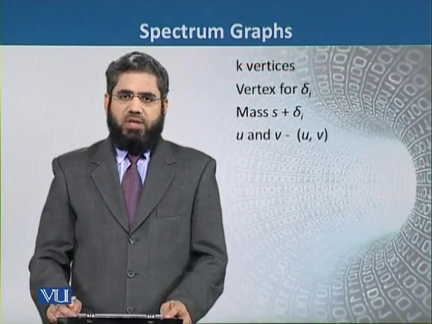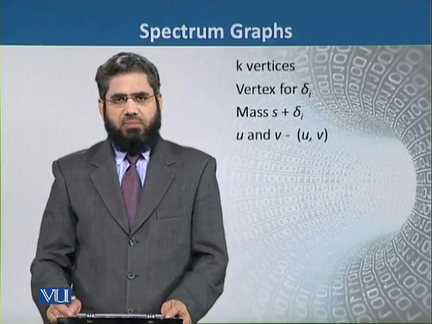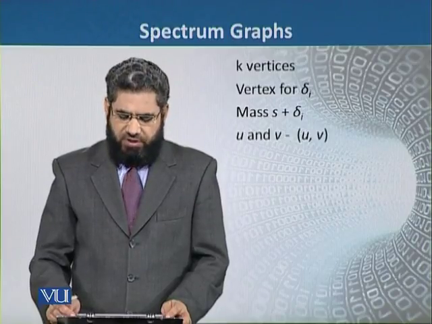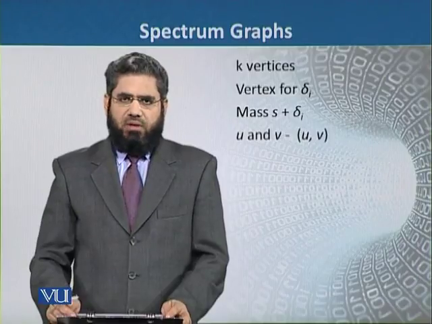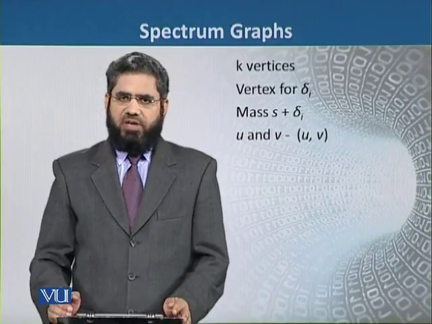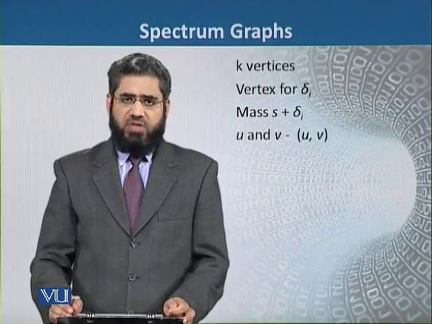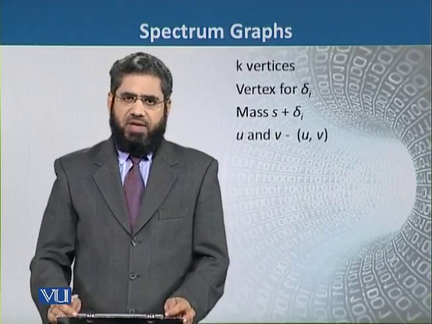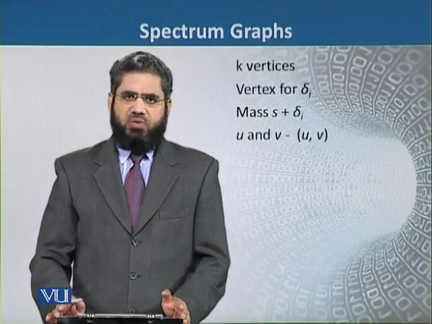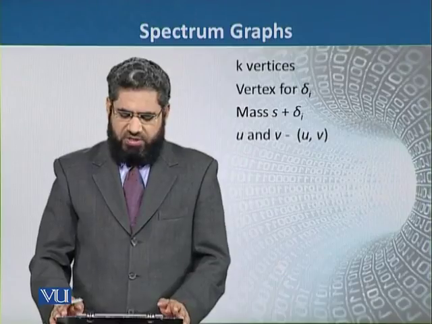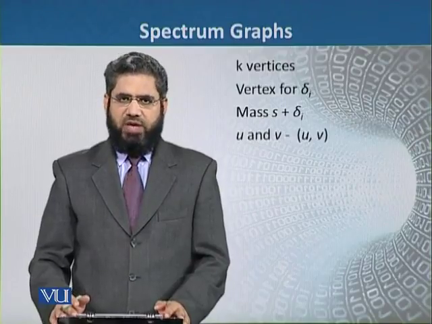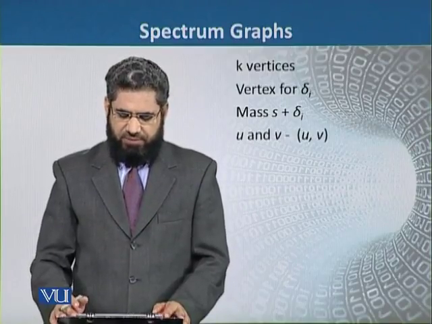When the spectrum is created and the mass is assigned to the peptide, that mass is converted into K vertices. The more vertices there are, the better the path will be. We assume that each vertex has a partial delta ion assigned to the N-terminal, and if we assign the mass to any of the ions that are generated, we can write it as s plus delta i.